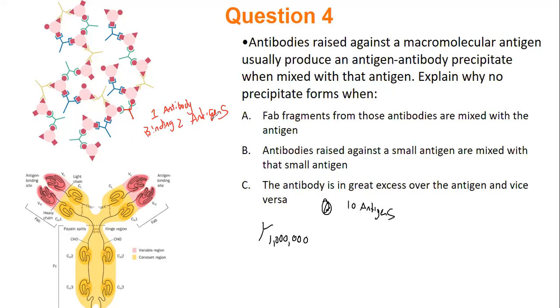If I throw 1 million antibodies at 10 antigens, the chances of 1 antibody binding 2 things is so small that it won't happen. And so you'll have like 1 antigen and it'll just have 3 antibodies on it.